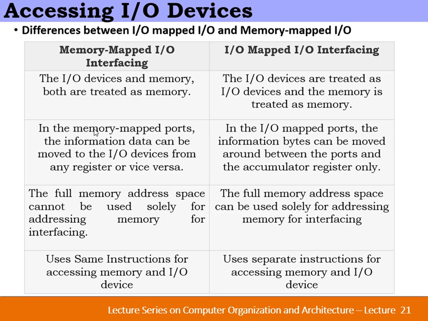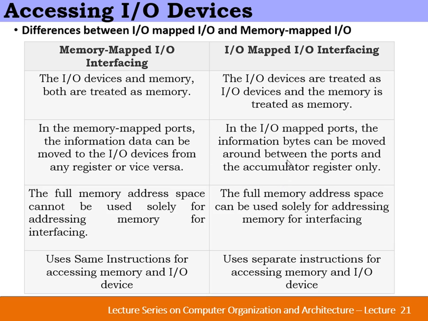In case of memory mapped ports, the data can be moved to the IO device from any register or vice versa. If information needs to be transferred between the processor and the IO device, any of the different kinds of registers can be used.